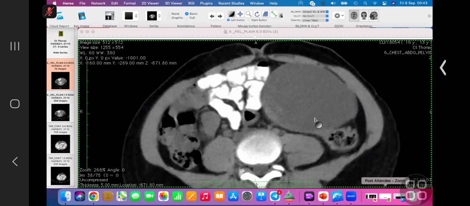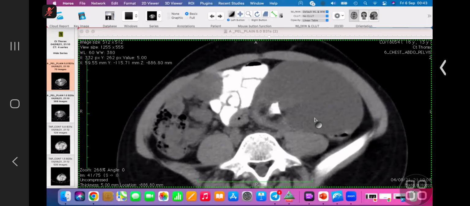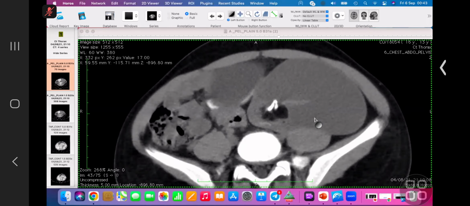You can appreciate a small mural nodule, fatty component, and tooth-like calcification. Mature teratomas are very rare in young patients, so this is nothing but a case of reconversion. All right.